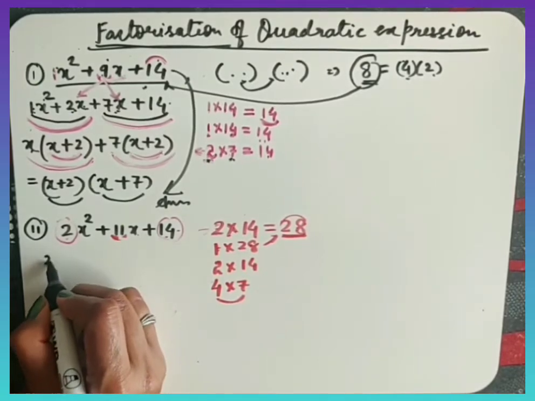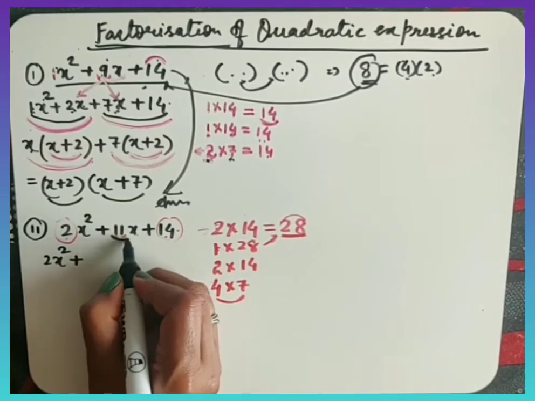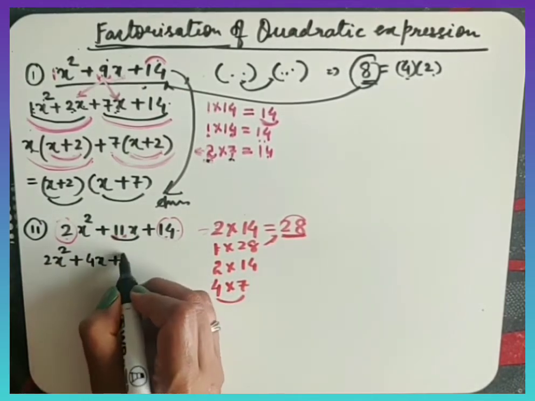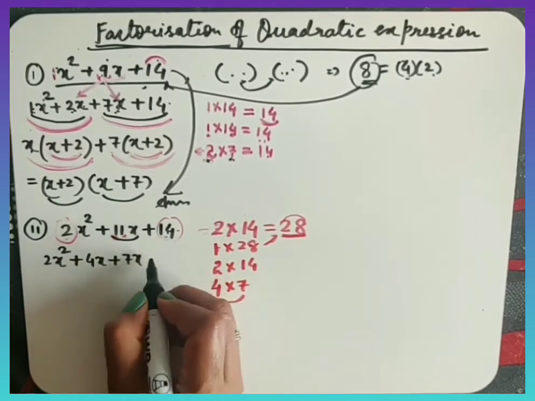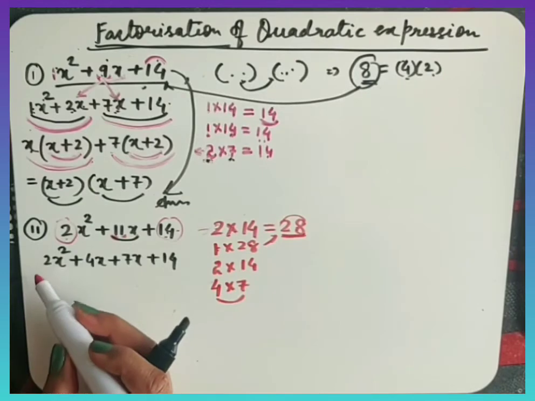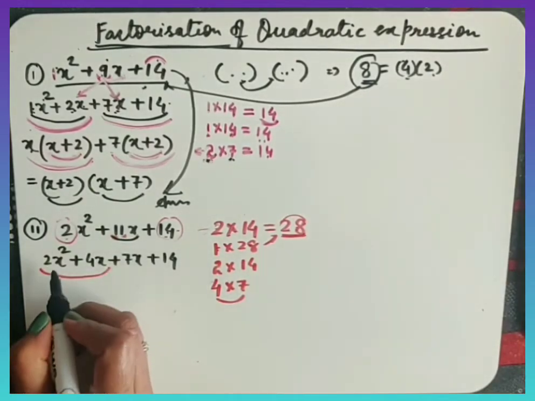Write down here 2x square plus, in place of 11x, I am going to write 4x plus 7x, and then this term plus 14. Now from the first two terms take the highest common factor. Start with the numbers.